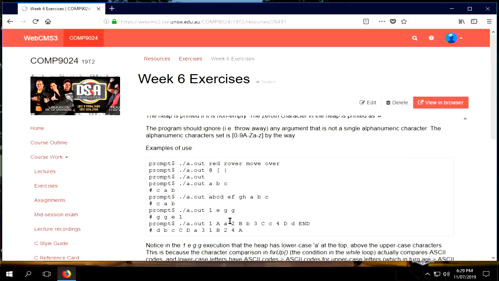The B and the C get swapped, and that's why it ends up CAB. Then one egg, then E, F, G, H, they get ignored, those strings. And then you have ABC again. So the character arguments that are not single character alphanumeric get ignored. So you don't have to worry about error messages. Keep it clean, robust. And then I say one egg, and there you see the result for one egg.